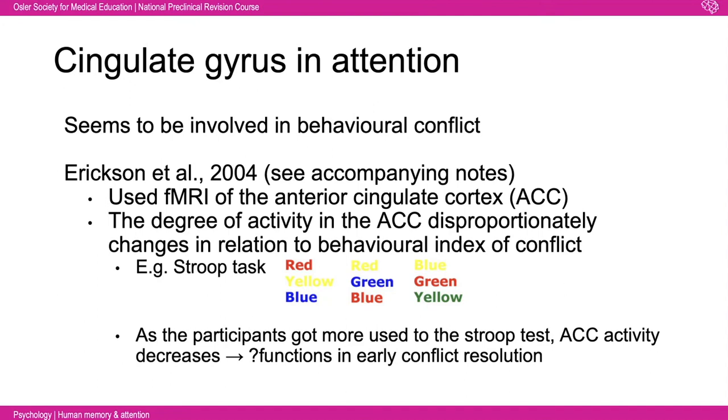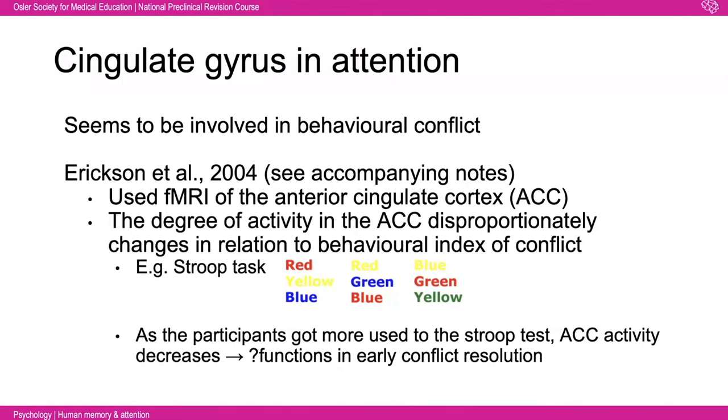So if you have a look at it, essentially there are a number of words which spell out a color but are also in a color, and that color might be the same as the word it spells out, but it's often different. And so it can be quite confusing because one part of your brain wants to name the color based on the word it's reading, whereas other parts of your brain want to name the color based on the actual color itself. And so Erickson et al.